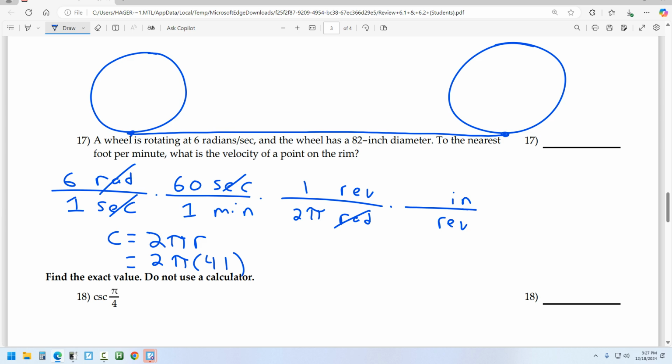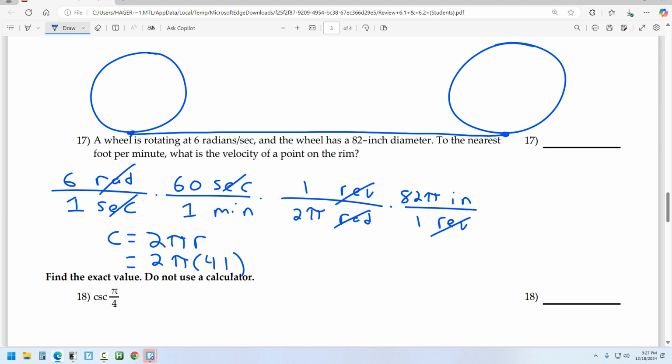Okay. So what's 2 pi times 41 as a multiple of pi? It would be 82 pi. Yep. So that's 82 pi inches in one revolution.